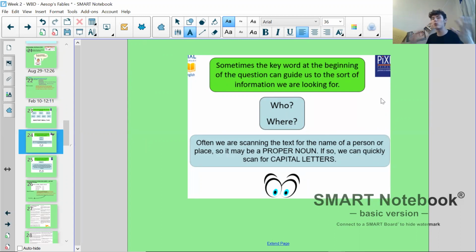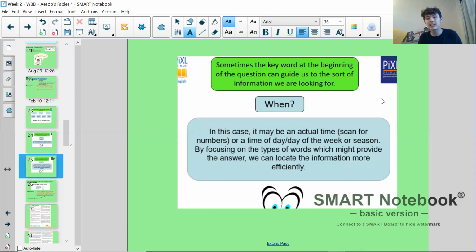So with who and where, often we know that we're going to be scanning the text for the name of a person or a place, which is a proper noun usually. And if so, we can quickly scan for capital letters, okay? So that's a way that we can easily identify these proper nouns of a person or a place, which always start with a capital letter, okay?